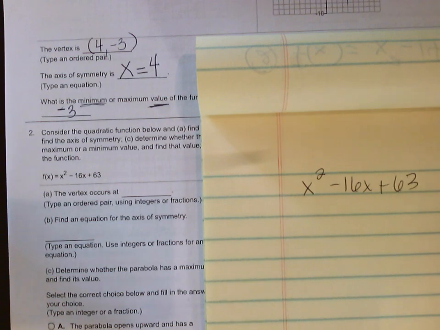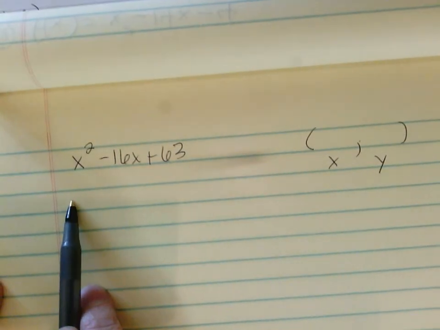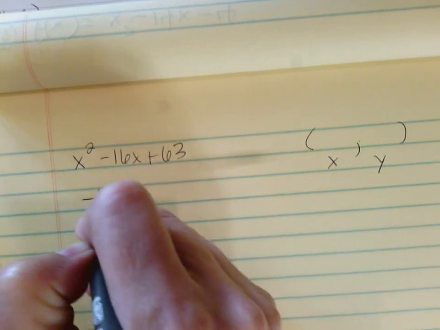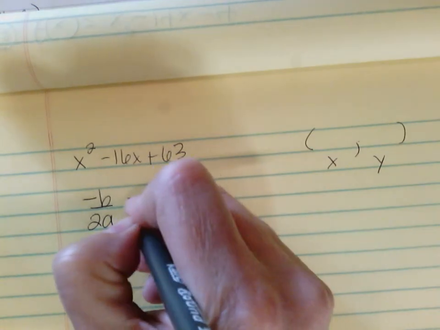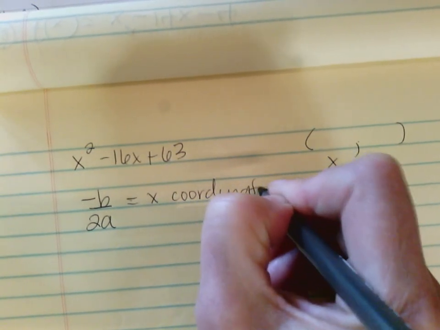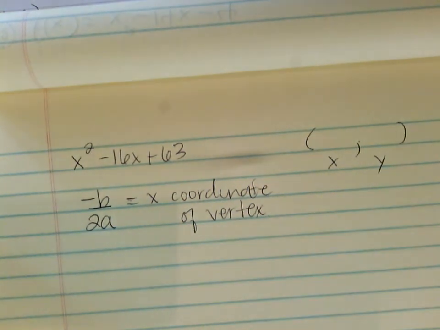Okay, so remember, the vertex is going to be a point with an x and y coordinate. Now, right here, to find the x coordinate of the vertex, you use the opposite of b over 2a. That will give you the x coordinate of your vertex.